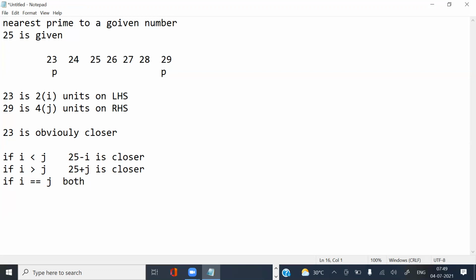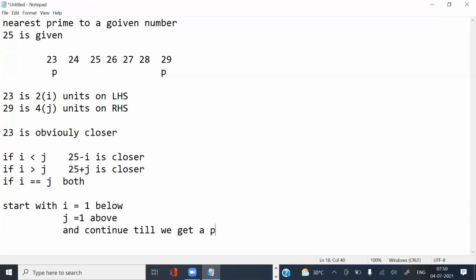So we start with I equal to 1 on the below side, J equal to 1 on the above side, and continue till we get a prime.